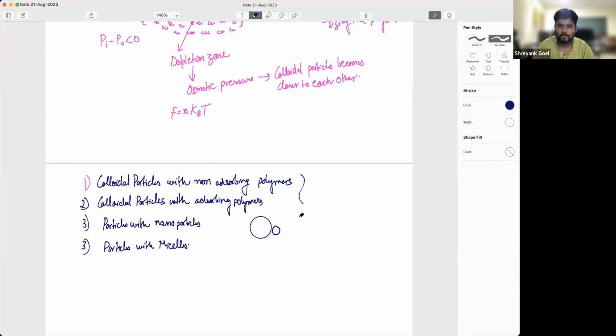All of this can lead to depletion population. So any doubt in this?